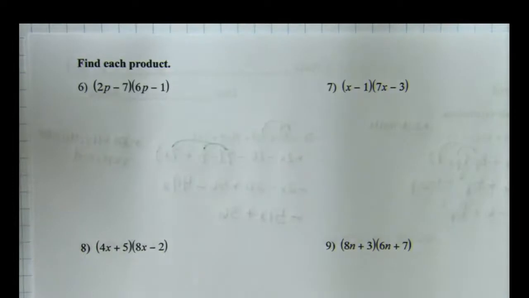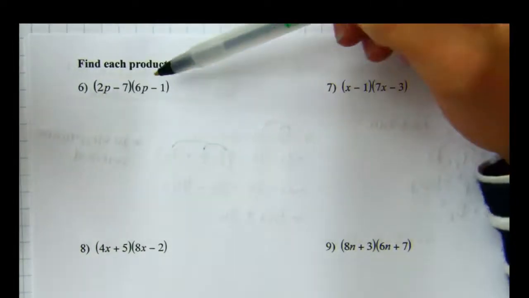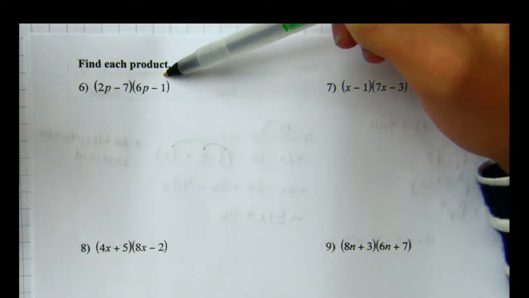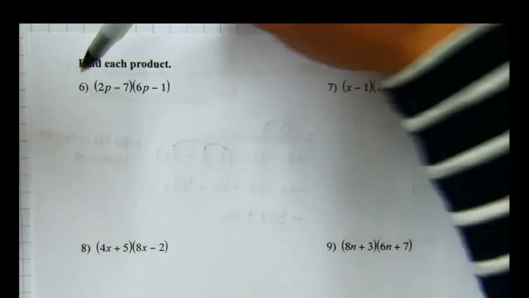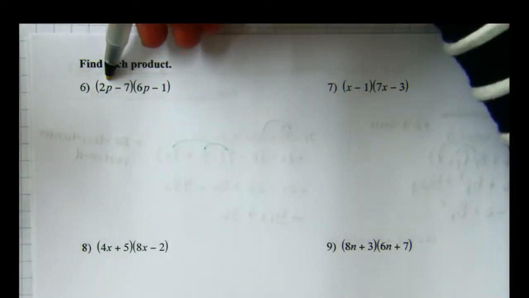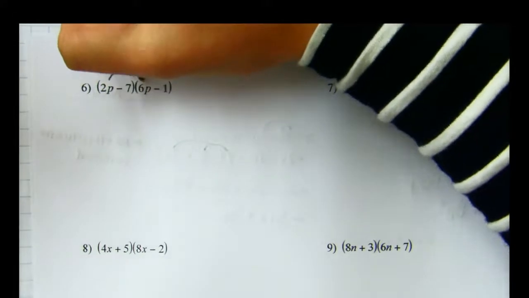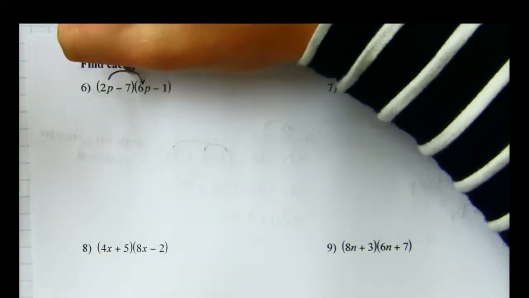And to do that, I have to distribute each term in the first set to each term in the second set of parentheses. So this 2p has to be distributed to both terms in my second set of parentheses. It's got to go to 6p, and it also has to go to negative 1.